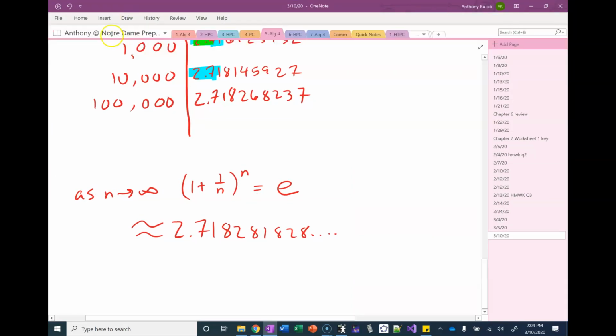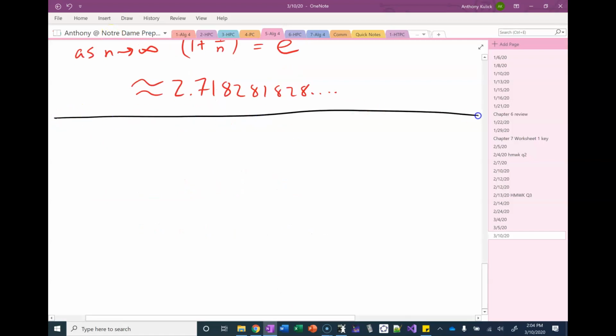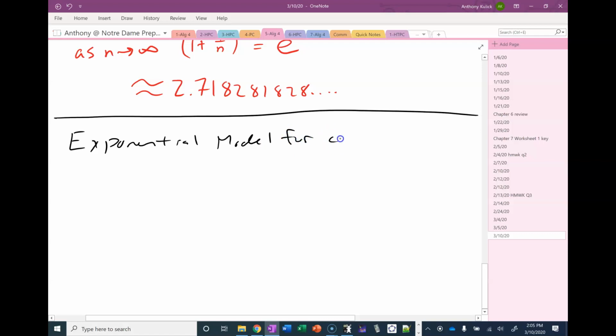So what this does now is it allows us another model. Now we can write the exponential model for continuous change.